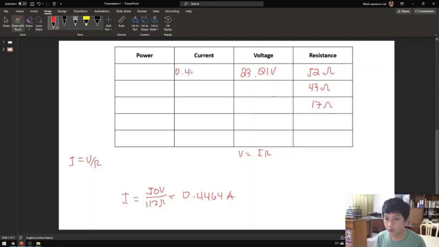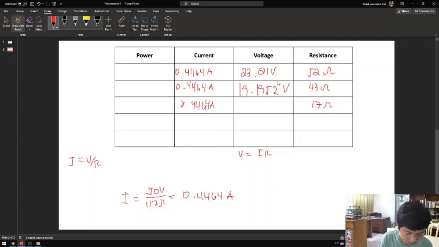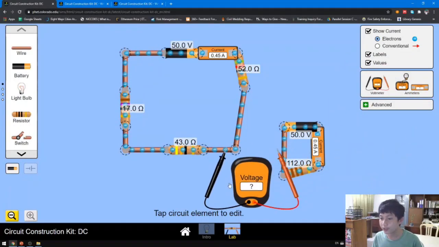With 0.4464 amps times 43, we have 19.1952 volts. Times 17, we have 7.588 volts.